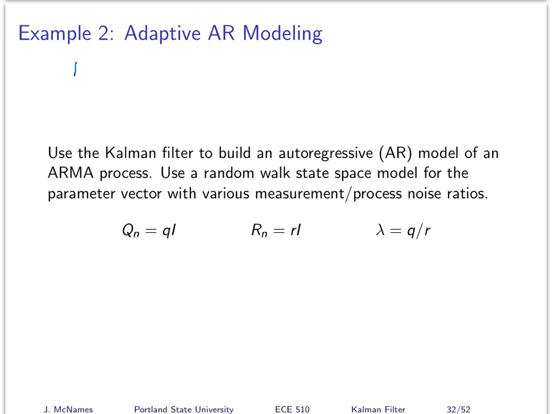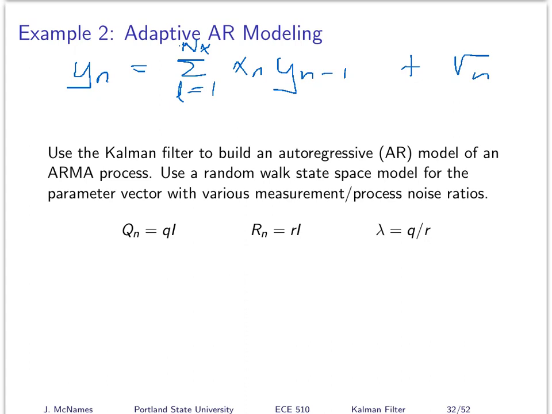With the autoregressive process, what we have in mind is that y of n is equal to a sum over some number of elements, l equal to 1 to n sub x, of x of l times y of n minus 1, plus some noise.